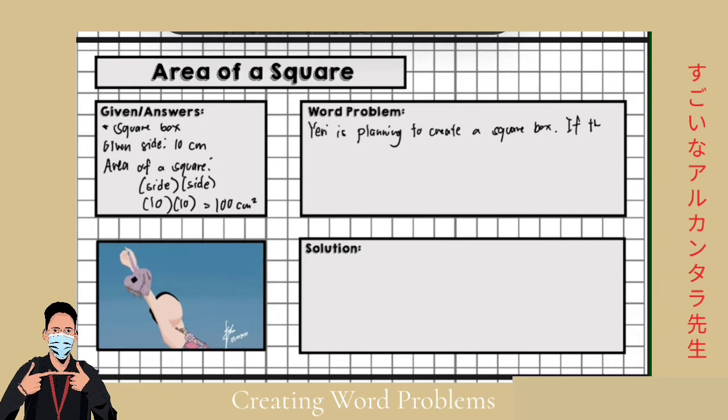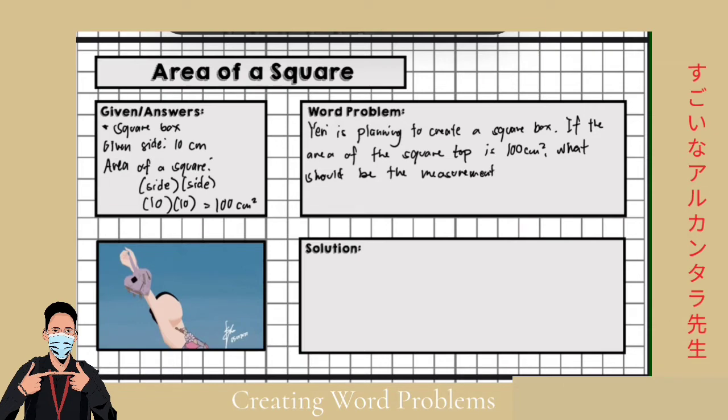If the area of the square cover, basically to be realistic, we're just looking at the cover, the square top, is 100 centimeters squared, what should be the measurement of each side?